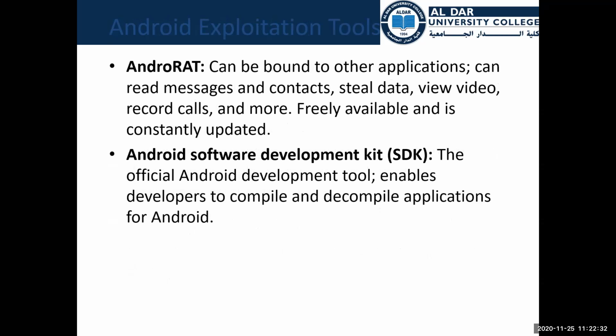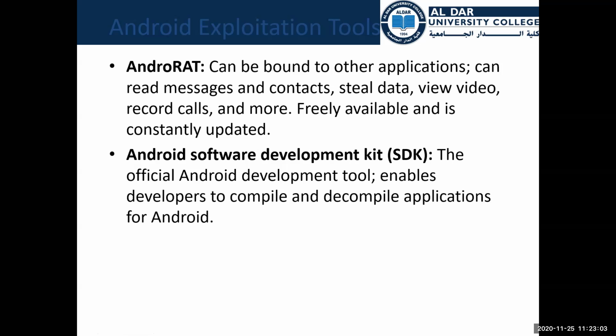So for example, we can also use some applications to have root access, like Android RAT. RAT does not mean a rat like a mouse; it is remote access of the device. So Android RAT is called Android RAT, and we can use this application to have root access to the Android.